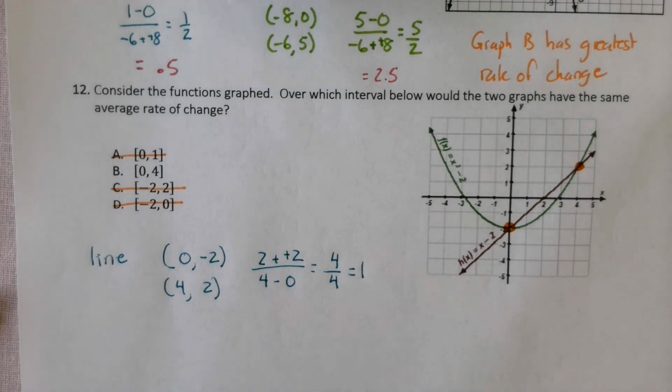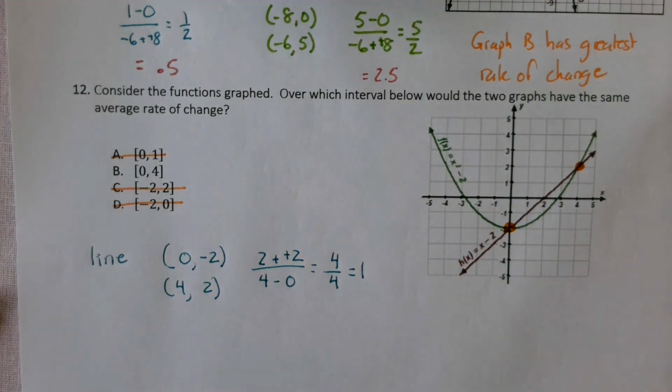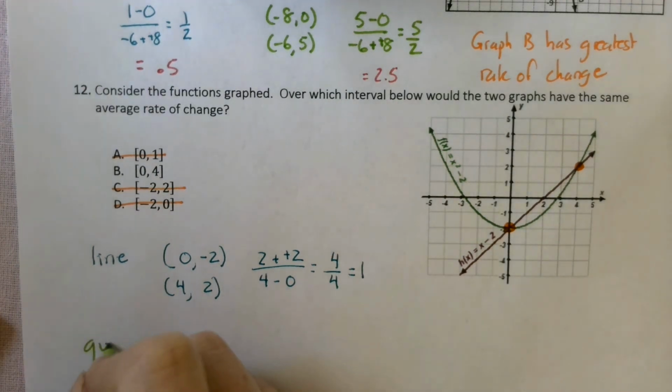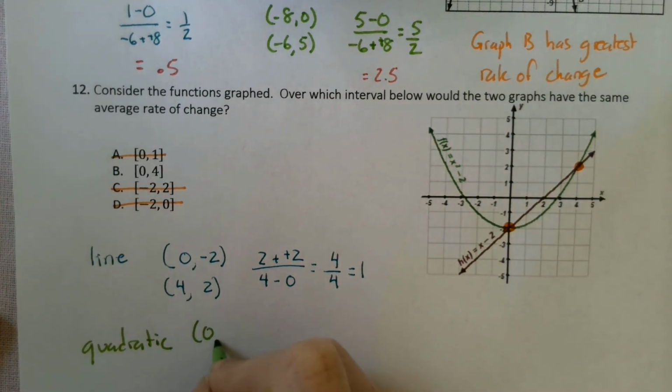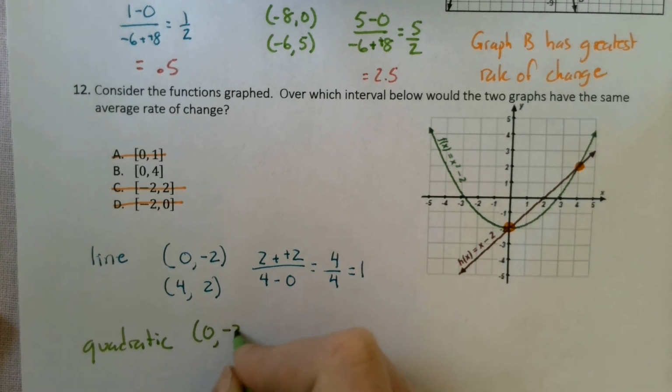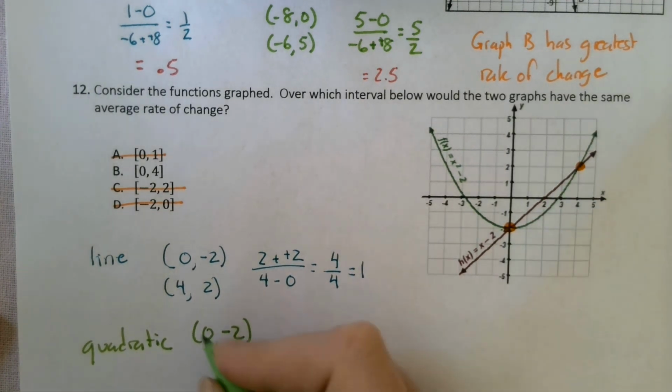Okay, and then if I look at the quadratic, I'm going to use a different color other than orange. So for the quadratic, I'm going to have point 0, negative 2, and then 4, 2.